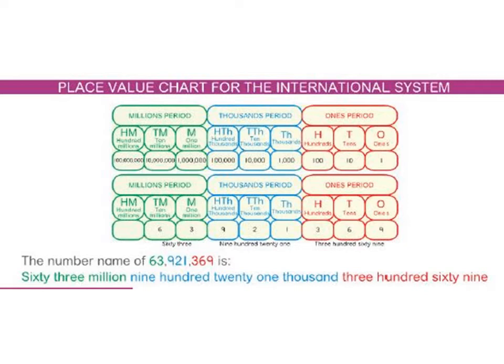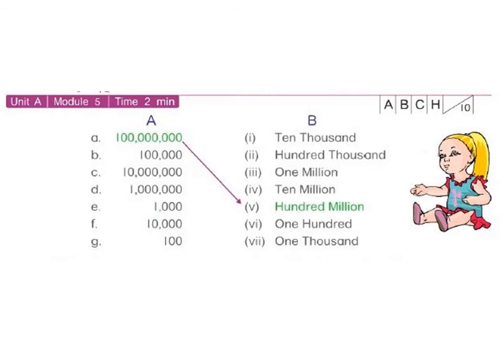Now let us do some problems based on this. So again, here is a match the following. If you wish, you can pause the video. See here also the last three, that means question number E, F and G are very easy. 100, 1000, 10,000, everyone knows these things.